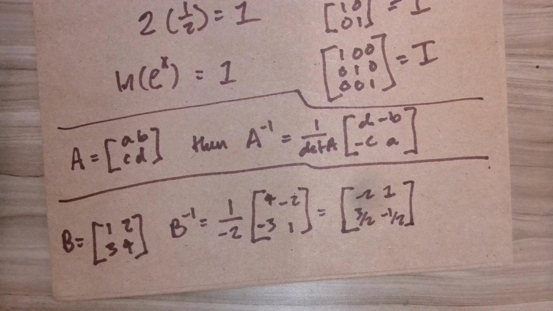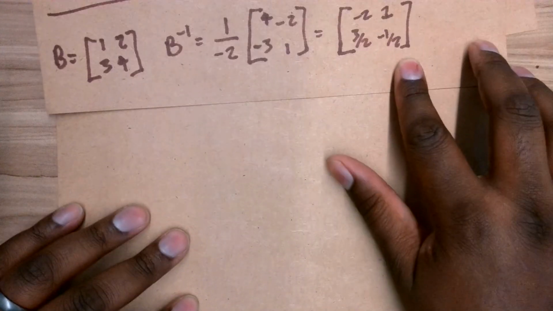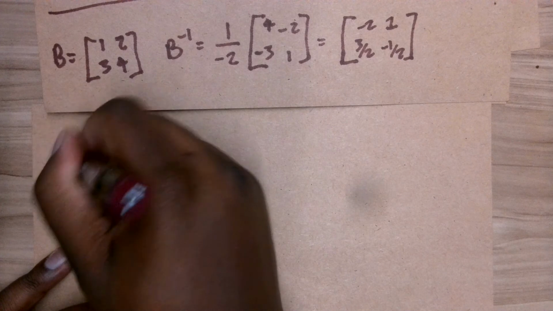Now let's prove that this indeed is the inverse matrix. We do that by multiplying it by the original matrix, and you should receive the identity. Let's see if we get it.